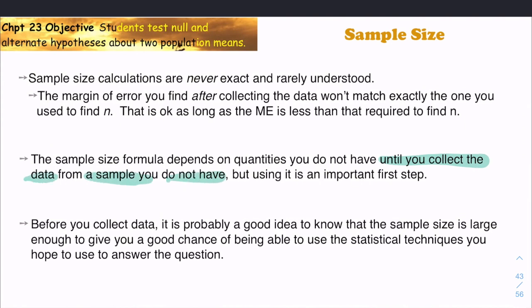I'll say that one more time. The sample size formula depends on quantities you don't have until you collect the data from a sample. But using it is an important first step. This gets us started. Before you collect data, it is probably a good idea to know that the sample size is large enough to give you a good chance of being able to use the statistical techniques that you hope to use to answer the question. So this is our first step when we're going out collecting data as researchers.